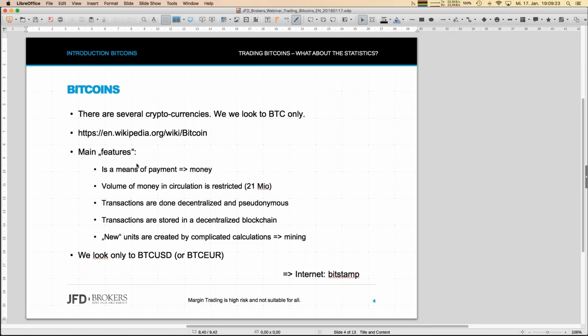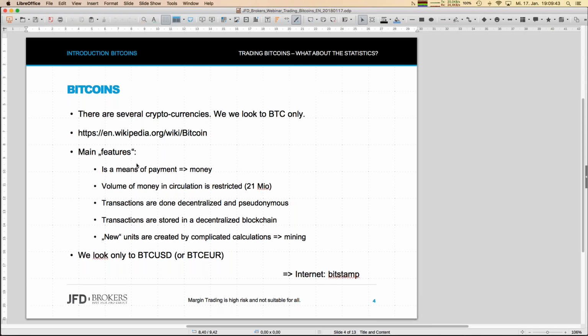So the main, let's call it, features of Bitcoins. Bitcoin is a real means of payment. So it's real money. It's virtual because it exists only in the computer language, so to say. We don't have coins.